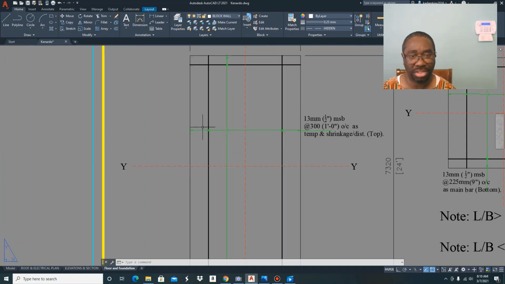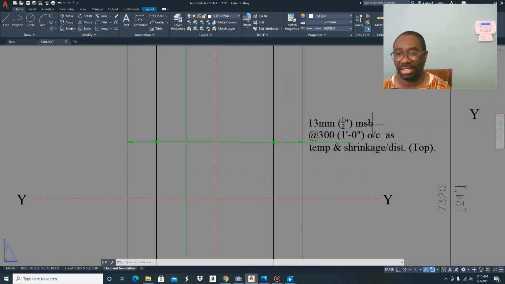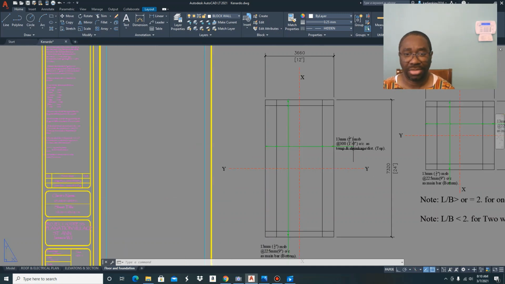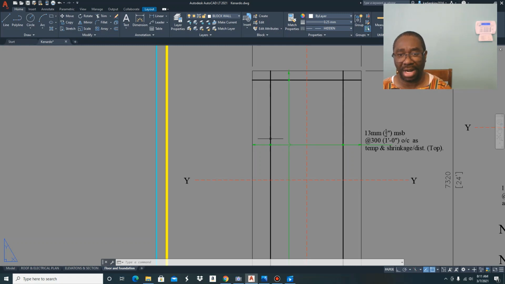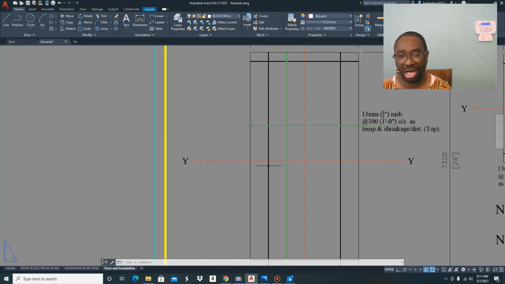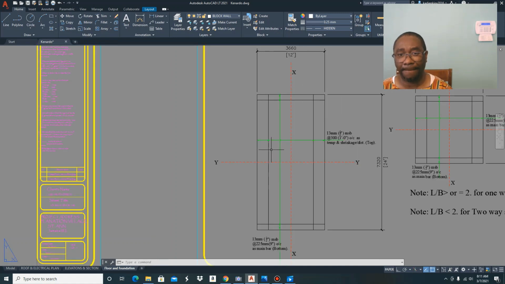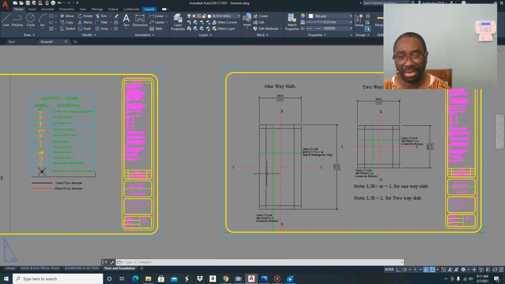And if you notice, the call out for this longitudinal bar is half-inch MSB at 1 foot on center, right? At times, you will see this longitudinal bar being named your temperature and shrinkage. In the American system, this longitudinal bar is termed as the temperature and shrinkage bar.